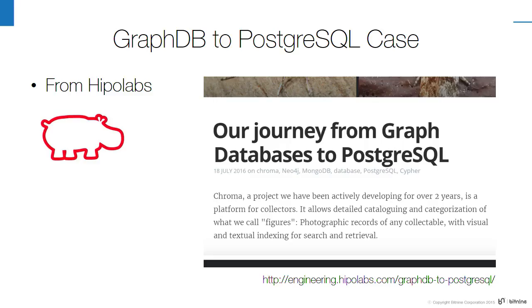Sorry. Here is an interesting real-world case about the graph database. This is a blog post from Hippo Labs. Actually, this blog post is about going back to Postgres from a graph database and MongoDB. They developed an image application using Neo4j and MongoDB.